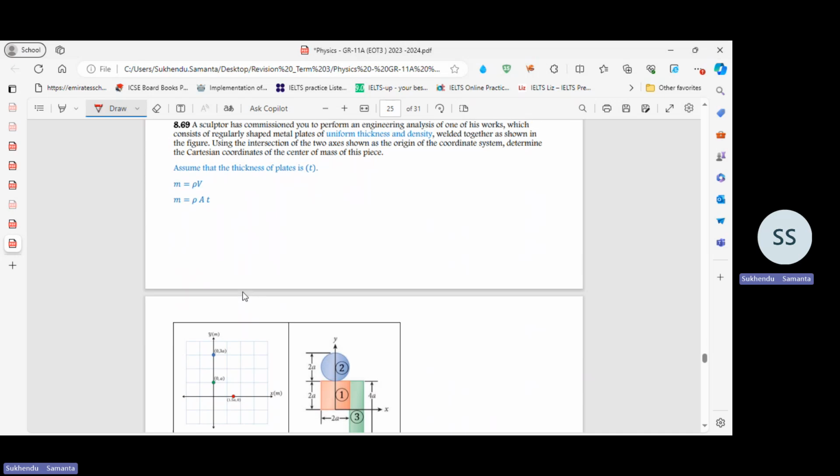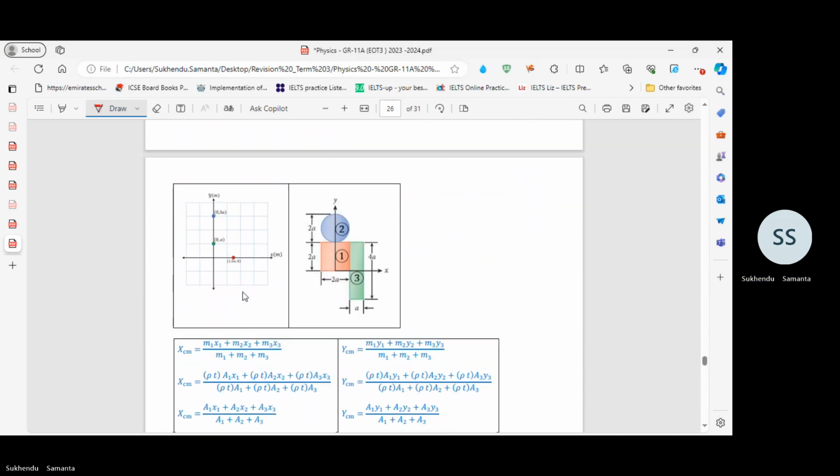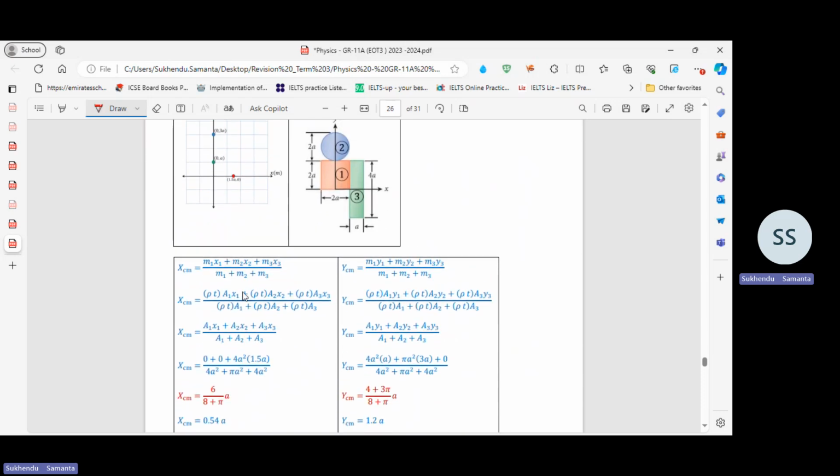This question is 6.9. It is there. You have to calculate the center of mass of this system. So again, what is the formula of mass here? Density is equal to mass divided by volume.